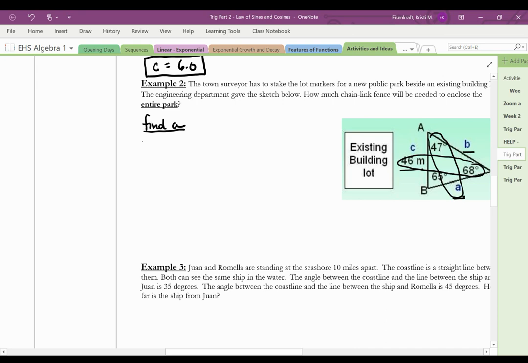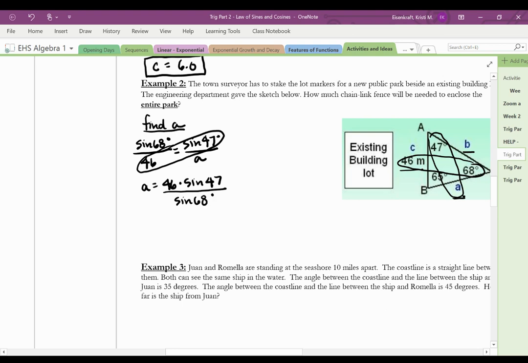So I'm going to use sine of 68 degrees over 46 equals sine of 47 over A. Using cross products, I know A is equal to 46 times the sine of 47 divided by sine of 68.